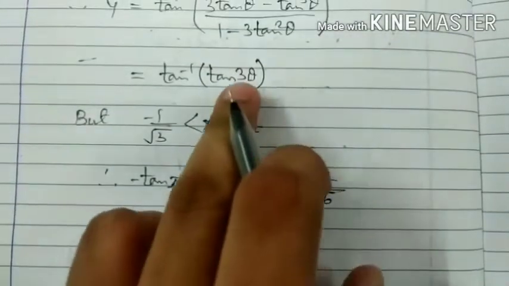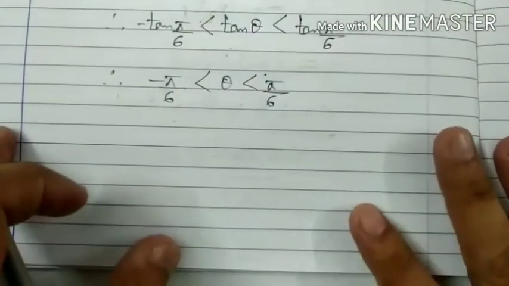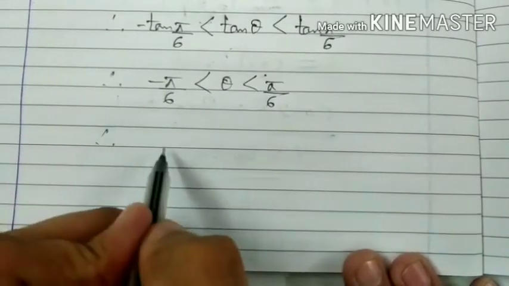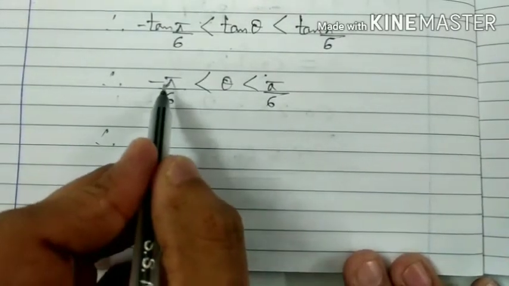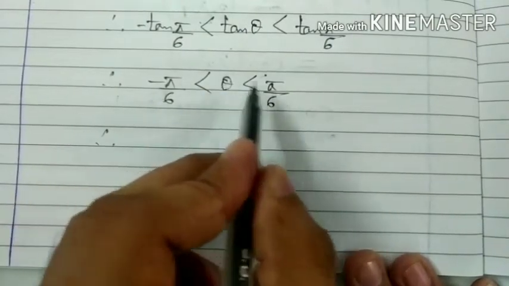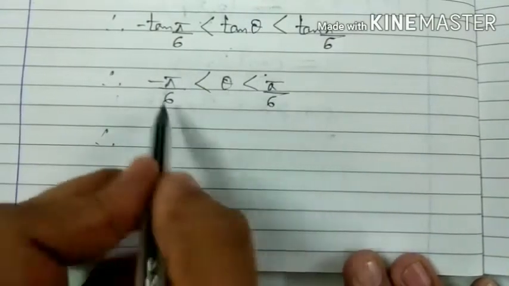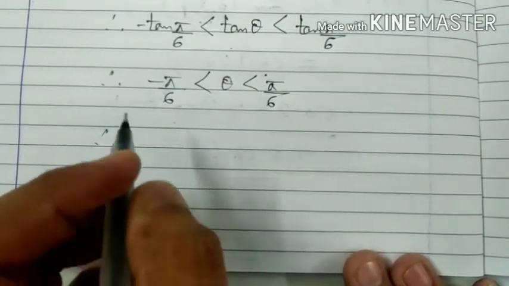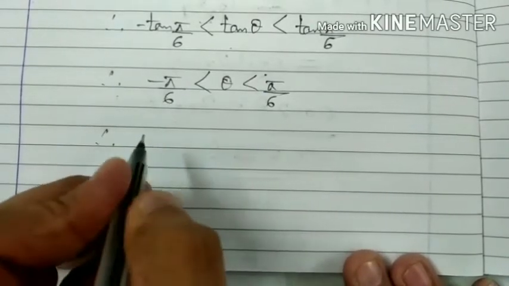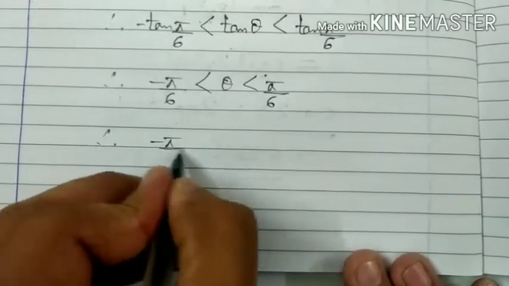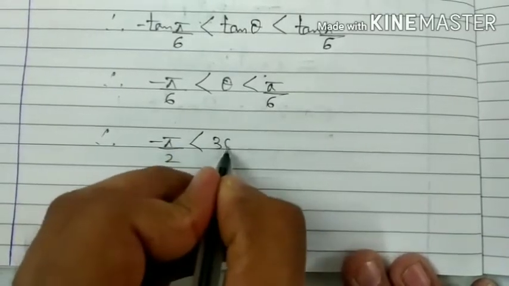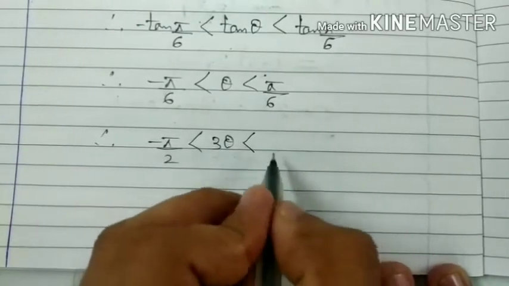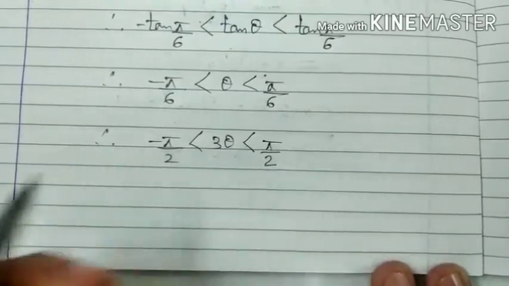Now we need to find range of 3 theta. So from range of theta we can obtain range of 3 theta if we multiply 3 in all the terms in this inequality. So multiplying by 3, minus pi by 6 multiplied by 3 gives you minus pi by 2, 3 theta, and plus pi by 6 multiplied by 3, so you will get pi by 2.